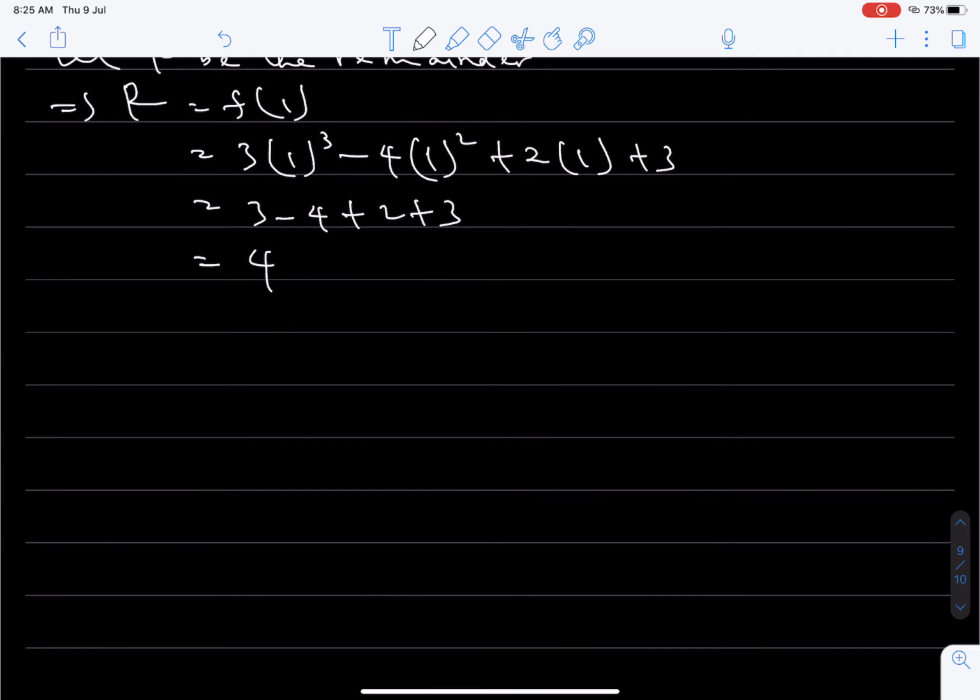Now, a second example on that. Example 6.